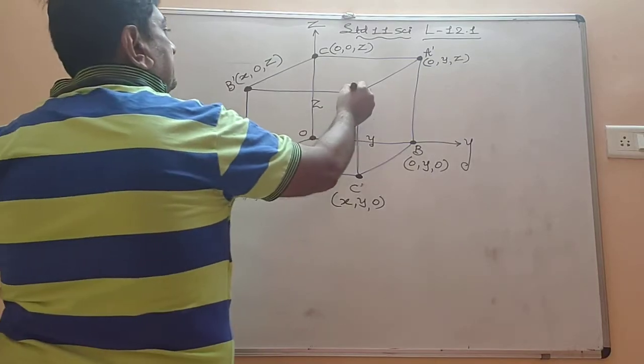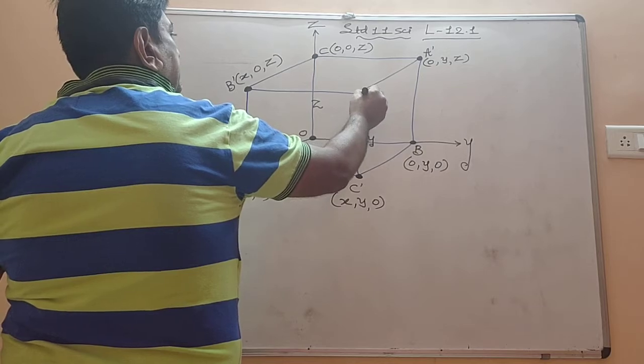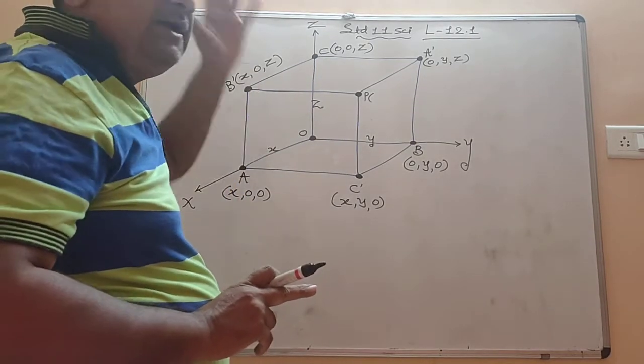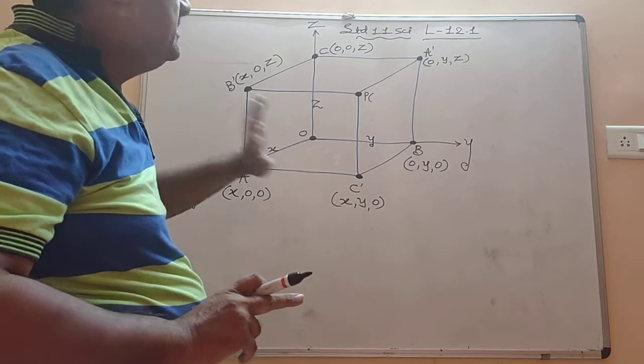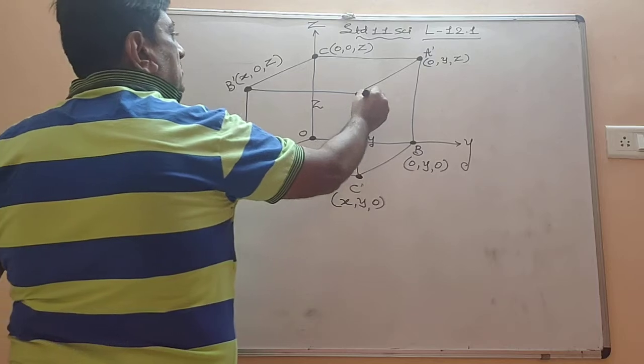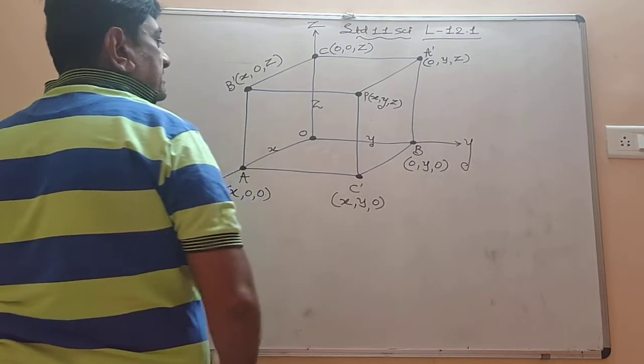And one point is P. P is in the space only. Actually, this whole cube is in space, but P is in the space. Its x component is x, y component is y, and z component is z.